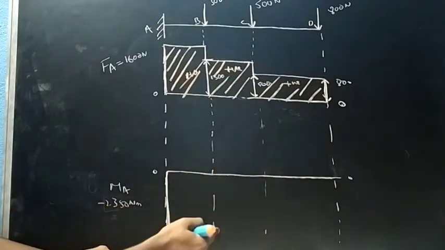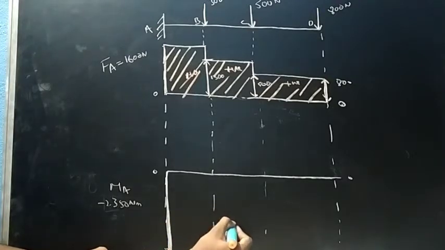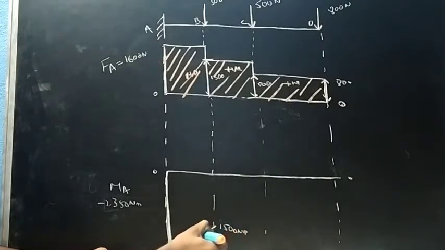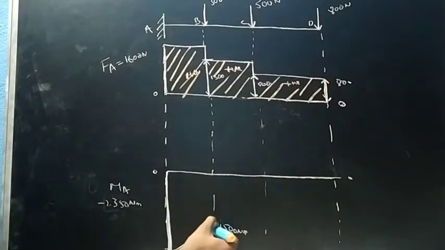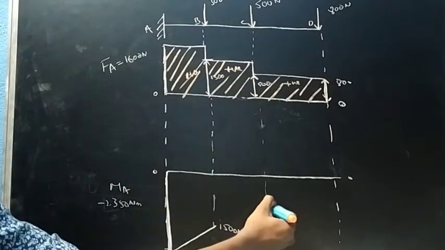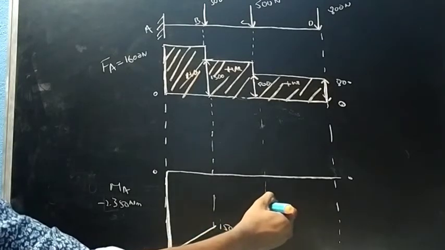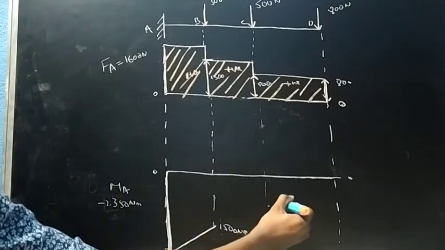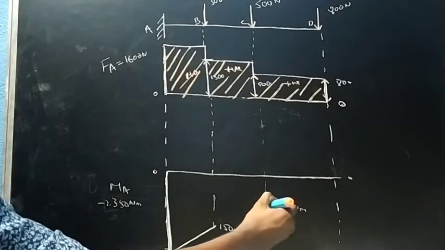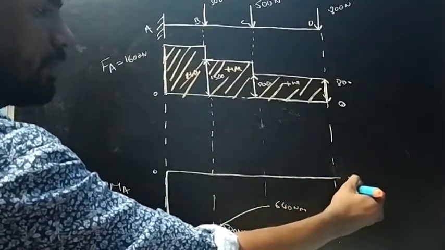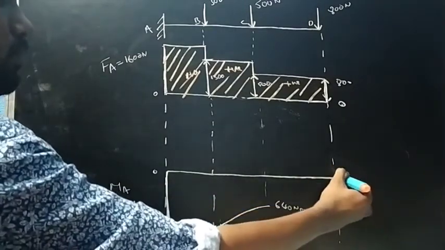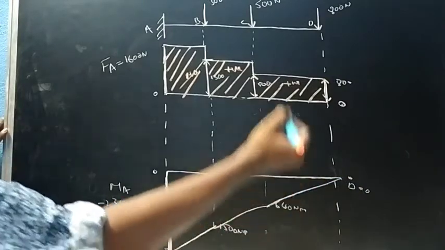So we got bending moment at B, that is 1500 Newton meter. So join this line. Okay. So we got 640, that means below this 640, above 1500, that is 640 somewhere here, 640 Newton meter. So join this, and we know that at D the bending moment is 0. So just join this line.